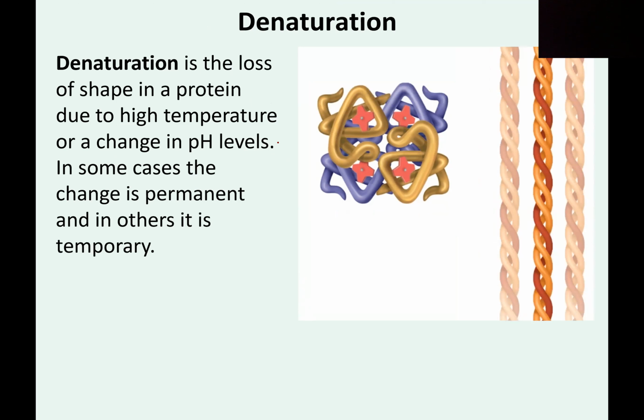An example of temperature: when you cook an egg, the clear, slimy part of the egg becomes white, opaque, semi-solid. When it cools off, it doesn't go back to being slimy and clear. That would be permanent denaturation of the protein albumin.